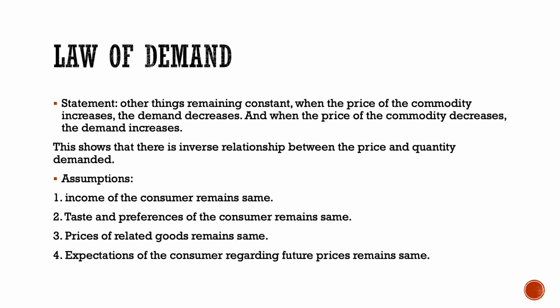Meaning, when the price of the commodity increases, the demand automatically will go down, that means it will decrease. And when the price of the commodity decreases, the demand will increase. Meaning, the price of the commodity and the quantity demanded move in the opposite direction.